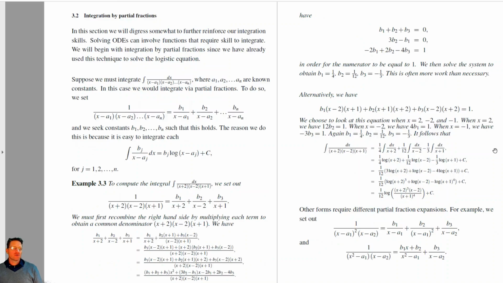Okay, let's move on to the next topic, which is integration by partial fractions. So we're going to digress a little bit to look at 3 integration techniques at this point.